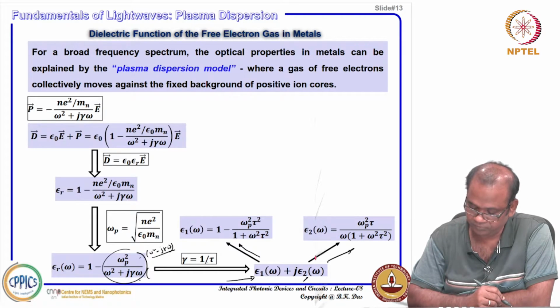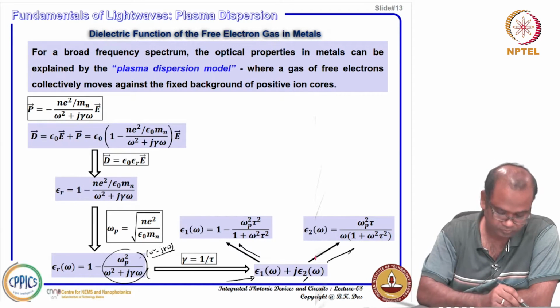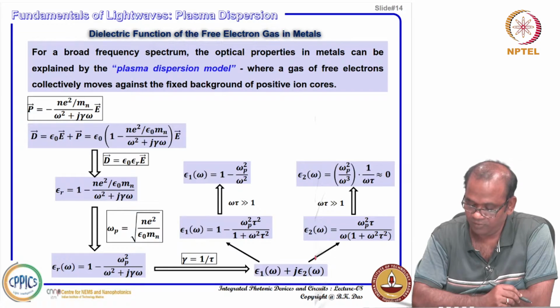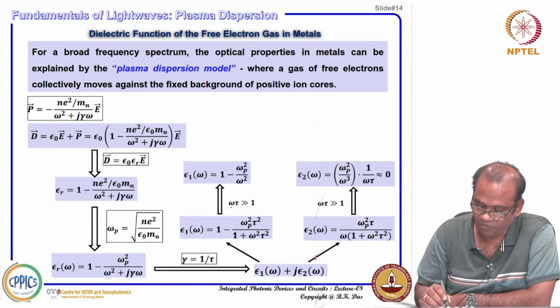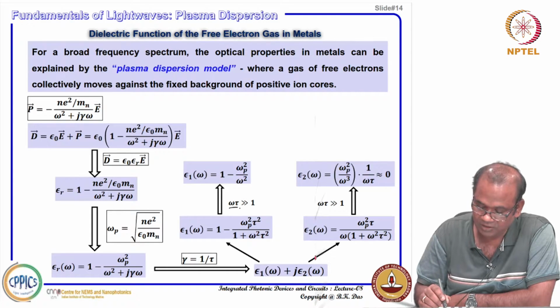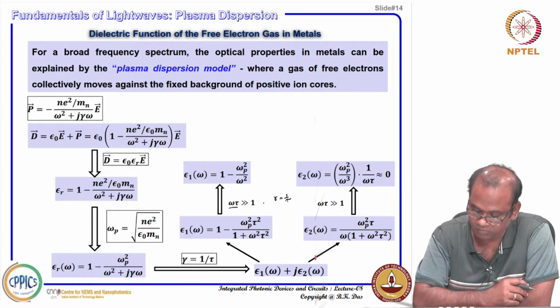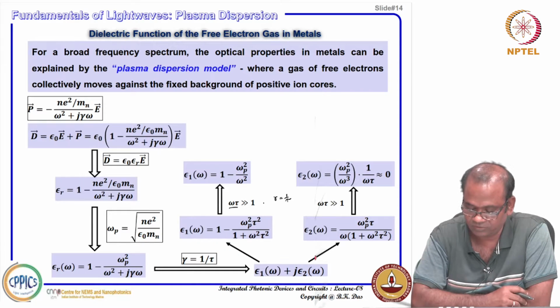Okay. Good. So now we will be considering a certain regime, omega tau much larger than 1. That can happen if gamma equal to 1 by tau is very small, or the frequency omega is very large.